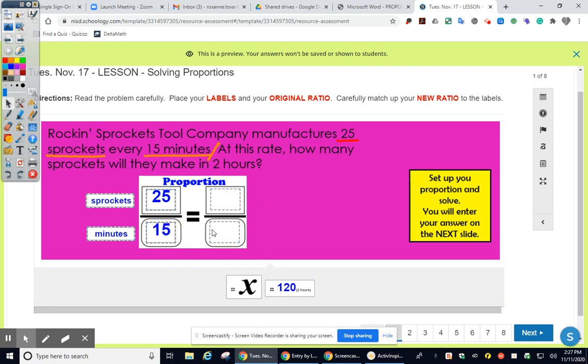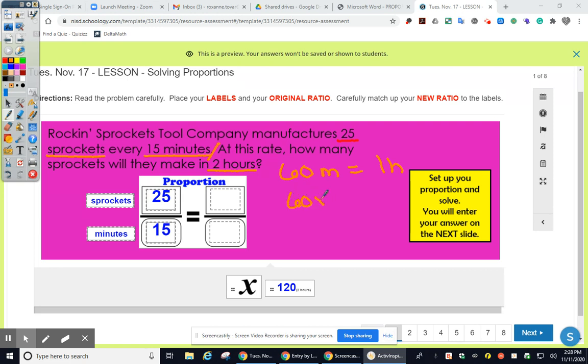Now we need to set up the new ratio. And it says, at this rate, how many sprockets can you make in 2 hours? Well, notice hours is not my label. Minutes is my label. So I need to convert 2 hours to minutes. I know that 60 minutes equals 1 hour. Since I have 2 hours, I would just double that, or multiply it by 2.